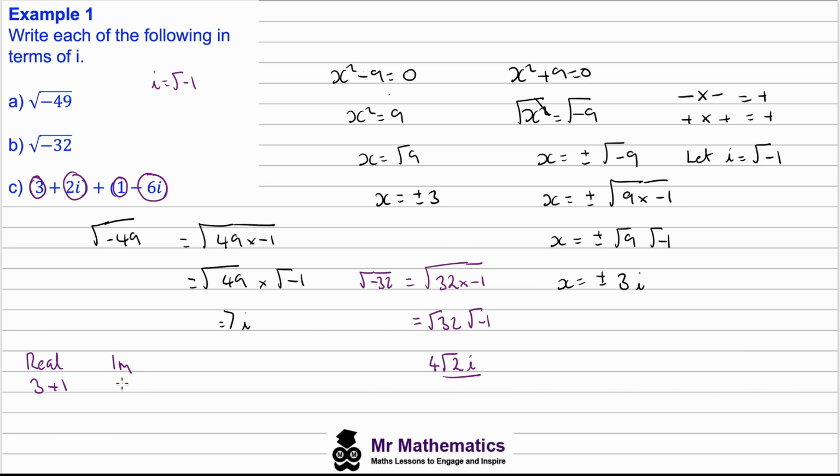So the imaginary will be 2i minus the 6i. The real, 3 plus 1, is 4. And then the imaginary, 2i minus 6i, will give us minus 4i. So as well as simplifying terms such as in questions A and B, we can also simplify real and imaginary numbers by collecting the like terms. And in example 2, we're going to look at how we multiply with real and imaginary numbers.